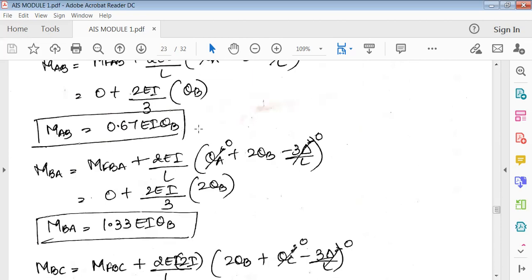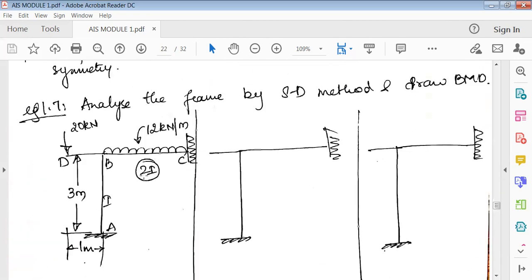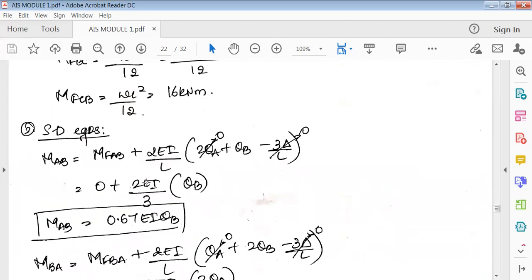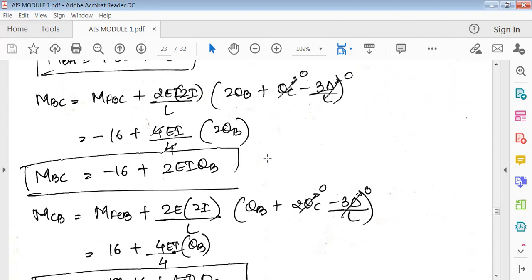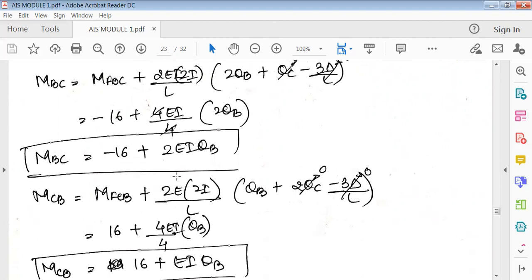Now be careful, I here is 2I. So substitute the value here. That is 2I, then 2 theta B plus theta C minus 3 delta by L. Again, theta C is a fixed support, 0. This also is 0. So for MBC you have got the value. Again, keep it in terms of theta B and a constant value.